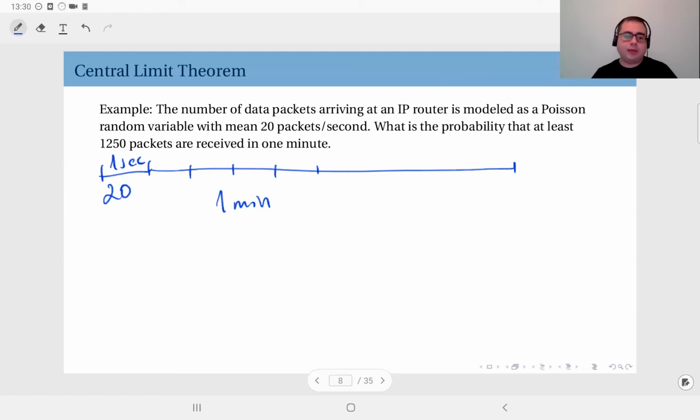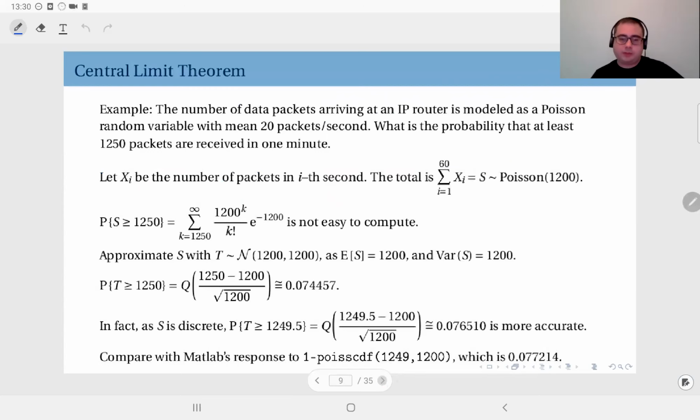So in this question, we actually know the distribution, but again, you can approximate it as a Gaussian. We have a Poisson distribution where the mean in 1 second is 20, and the mean in 1 minute is 1200.